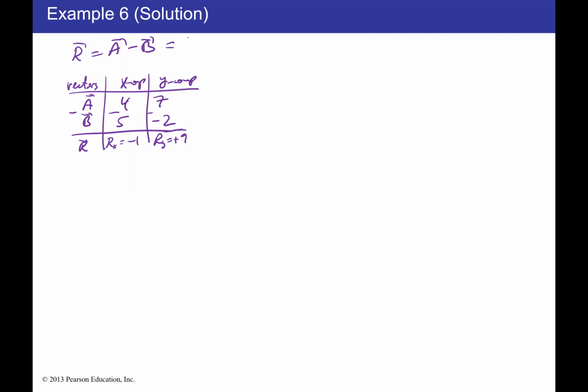But additionally, you can do it like this. So a minus b: what we have for a is 4i hat plus 7j hat. Then minus vector b. What is vector b? Vector b is 5i hat minus 2j hat. So technically I have 4i hat plus 7j hat minus 5i hat, then plus 2j hat.